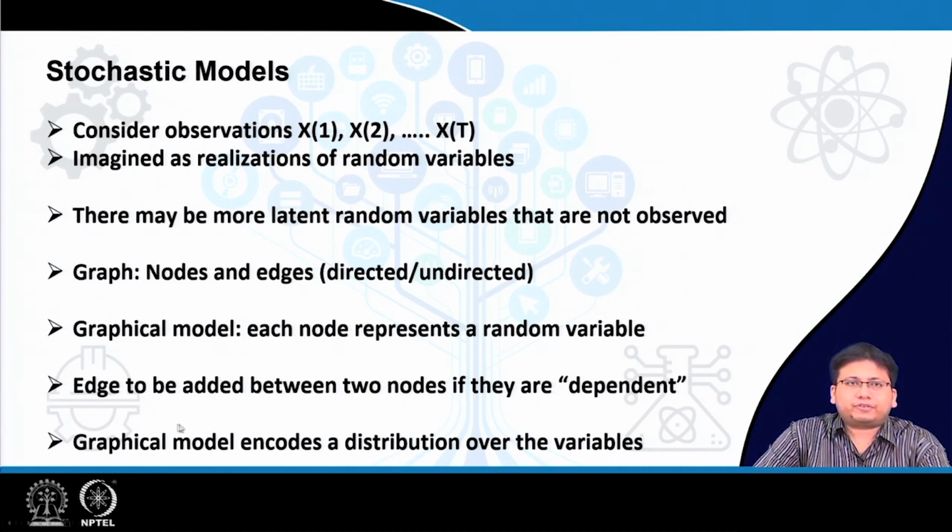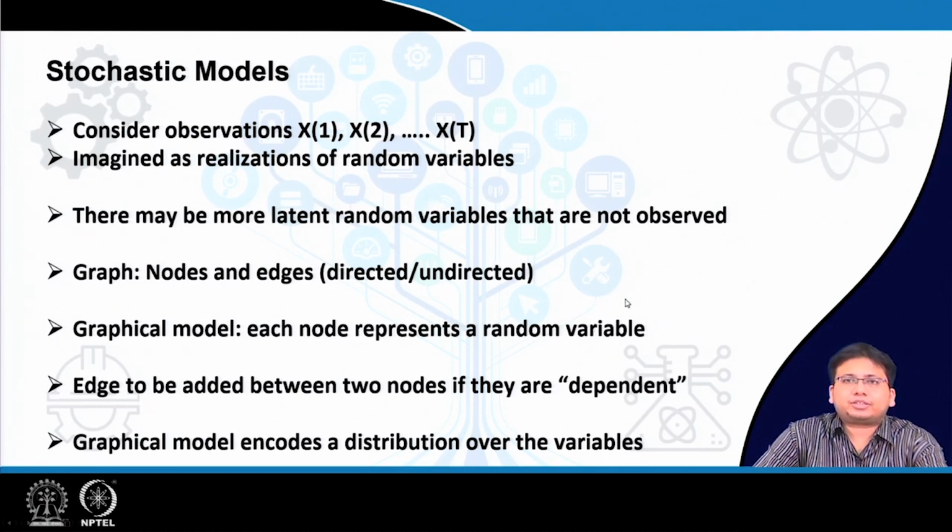An edge can be added between two nodes if the corresponding random variables are somehow dependent on each other.